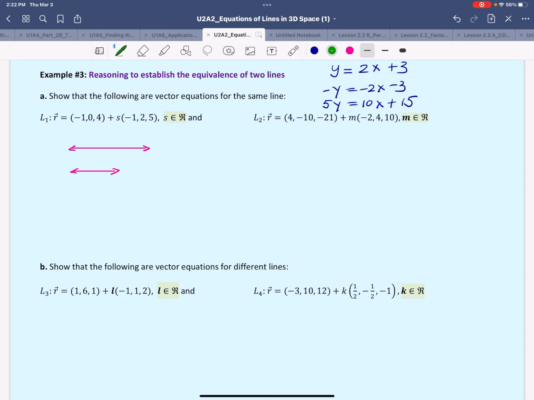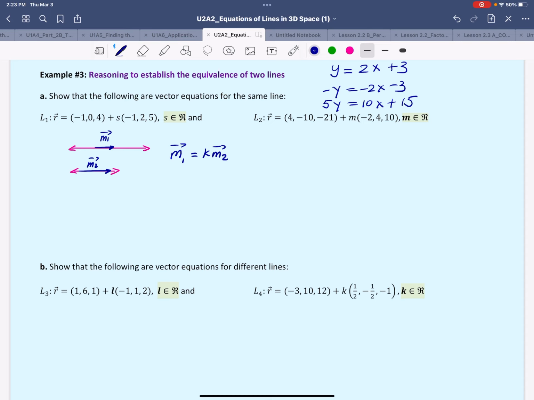The direction vector of this line and the direction vector of this line must be scalar multiples of each other. I'm going to call this M1 and this one M2. So two lines are going in the same direction if their direction vectors are scalar multiples of each other.